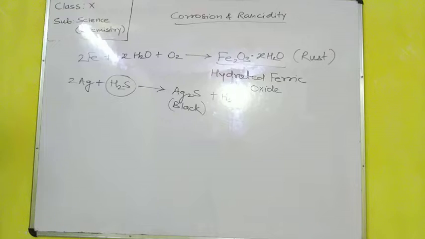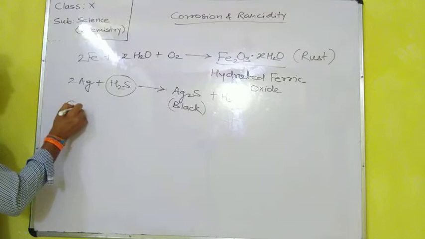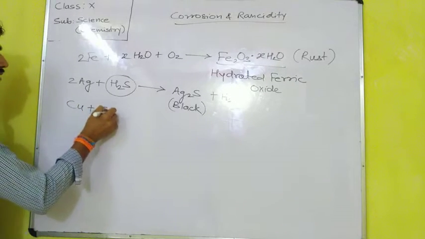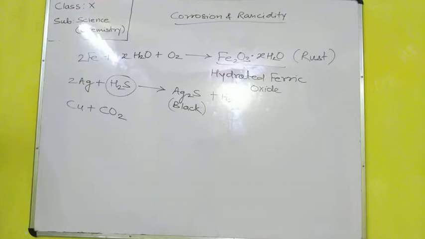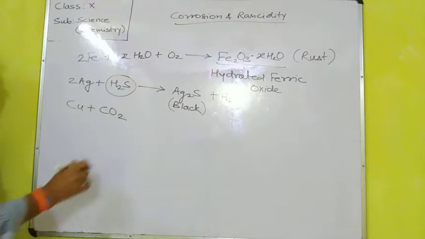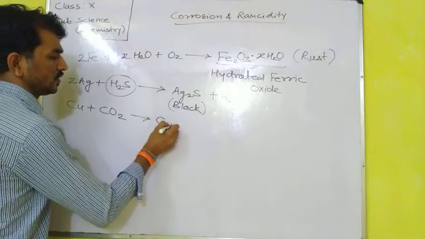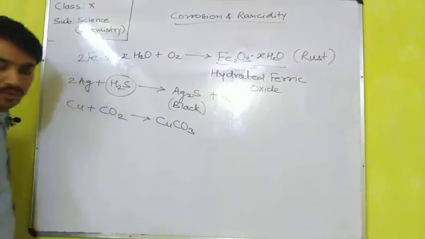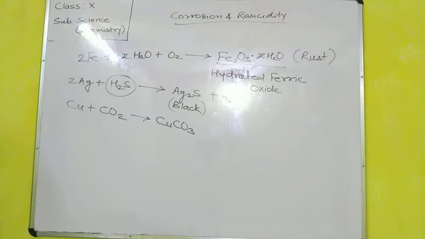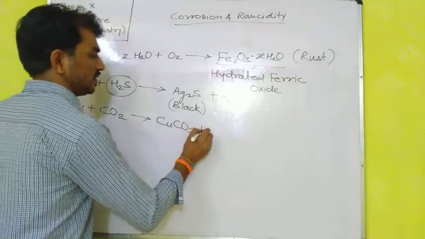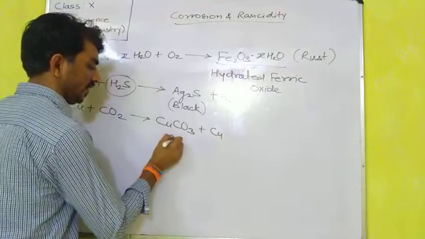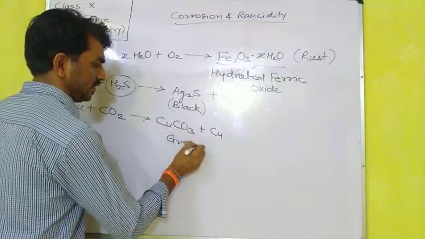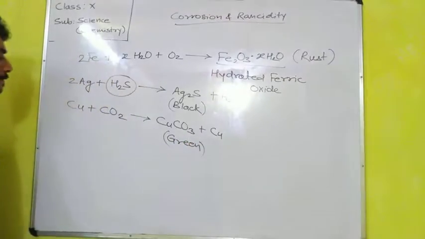That is also one of the examples of corrosion. And when copper metal reacts with carbon dioxide for a long time, it forms CuCO3, copper carbonate, which is green in color.